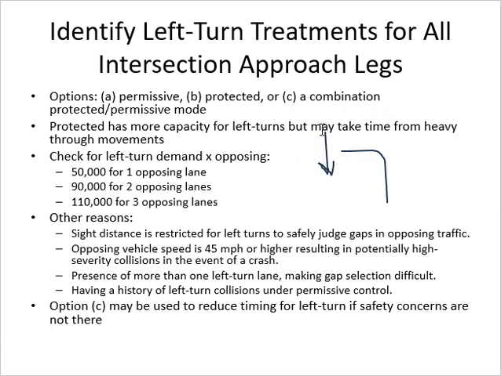Okay, so if there is one opposing lane, the product of opposing volume and the left turning volume, if it exceeds 50,000, we'll make the left turning protected.